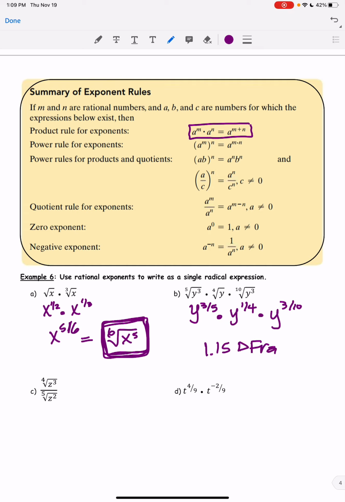So do your fraction button, math, fraction. And that becomes y to the 23/20. So now convert that back. That stays. The 20 goes around. So this is the 20th root of y to the 23rd power.